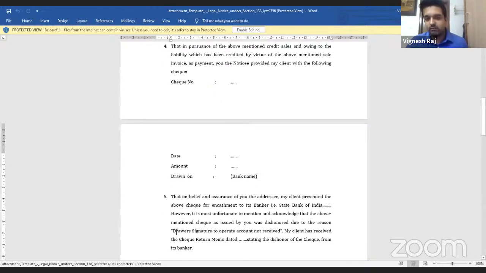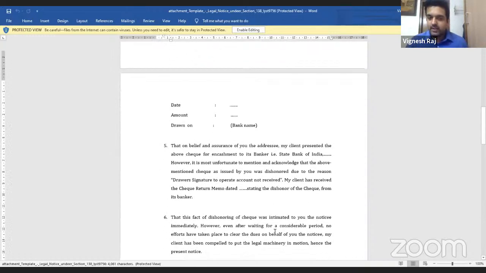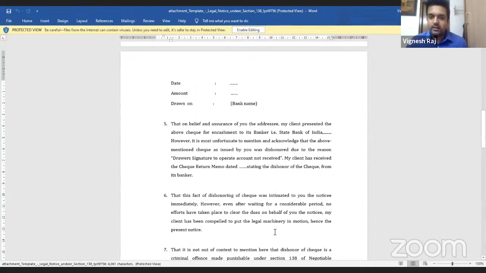So here you see that the bank has given a memo stating drawer's signature to operate account not received. Okay, so thereafter you will have to state that you've got this return memo from the bank, and this constitutes the basis for the legal notice for dishonor of check.